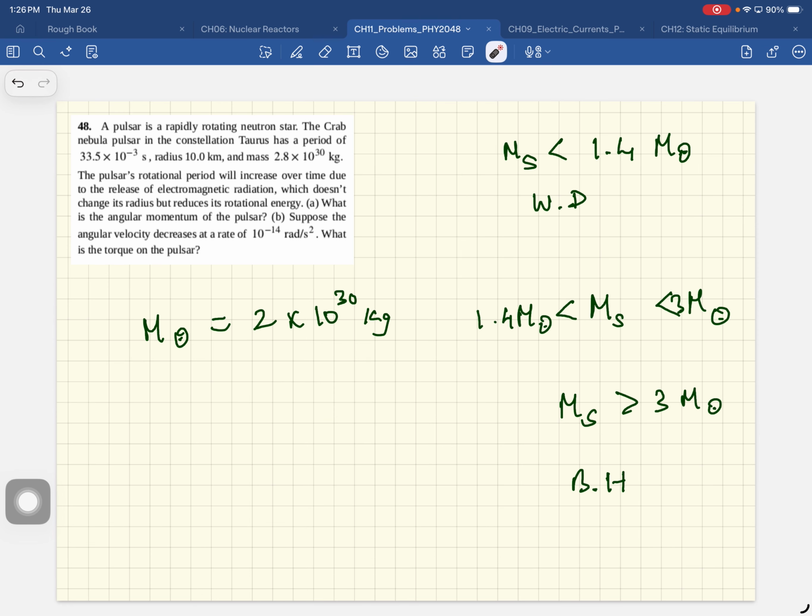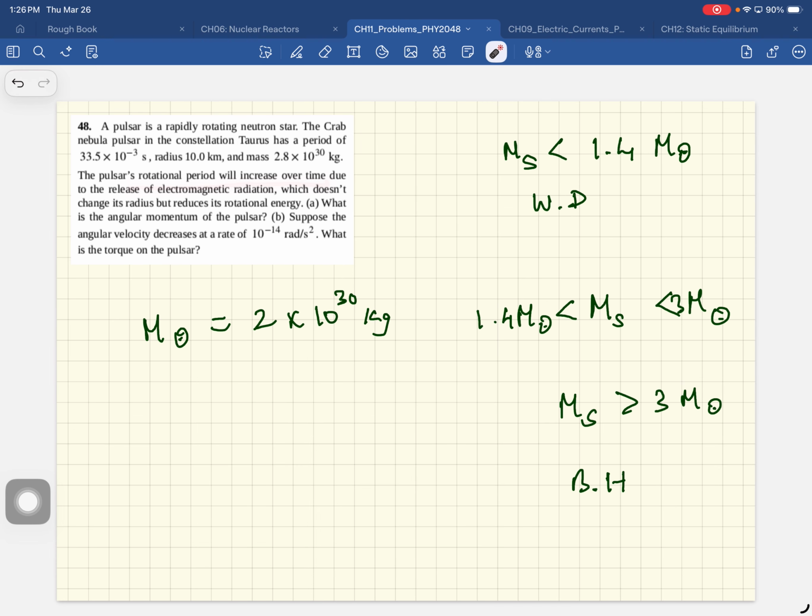So what is the angular momentum of the pulsar? Okay, angular momentum of the pulsar is I times omega. I is the moment of inertia, omega is the angular speed.